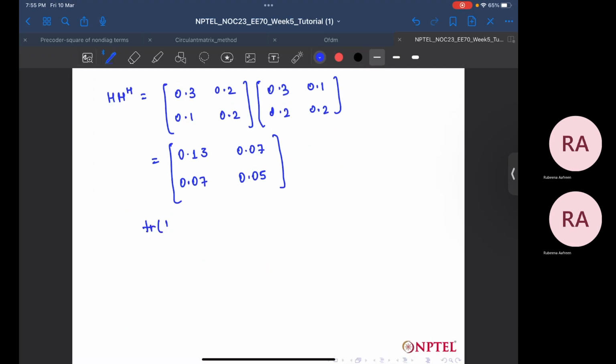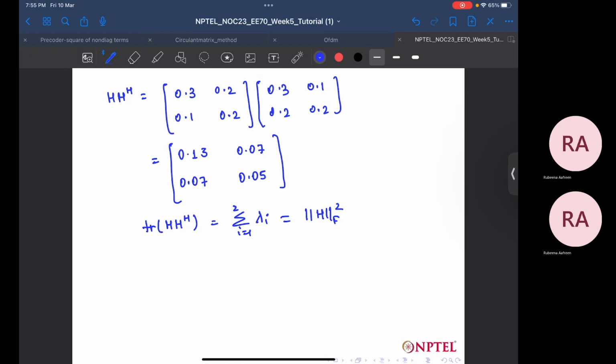So trace of H H Hermitian is the sum of eigenvalues, right? And also from the previous discussion that we have done, for Frobenius norm, this is equal to Frobenius norm square of H.